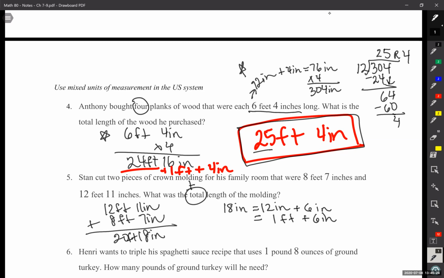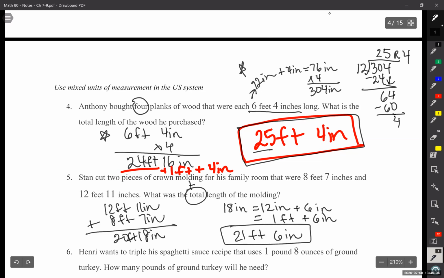And so I had the 20 feet in front. So I end up with 21 feet 6 inches as my final answer. If you write 20 feet 18 inches as your final answer, you will get it wrong, because 18 inches is an improper form. We need the final number to be under 12 inches.